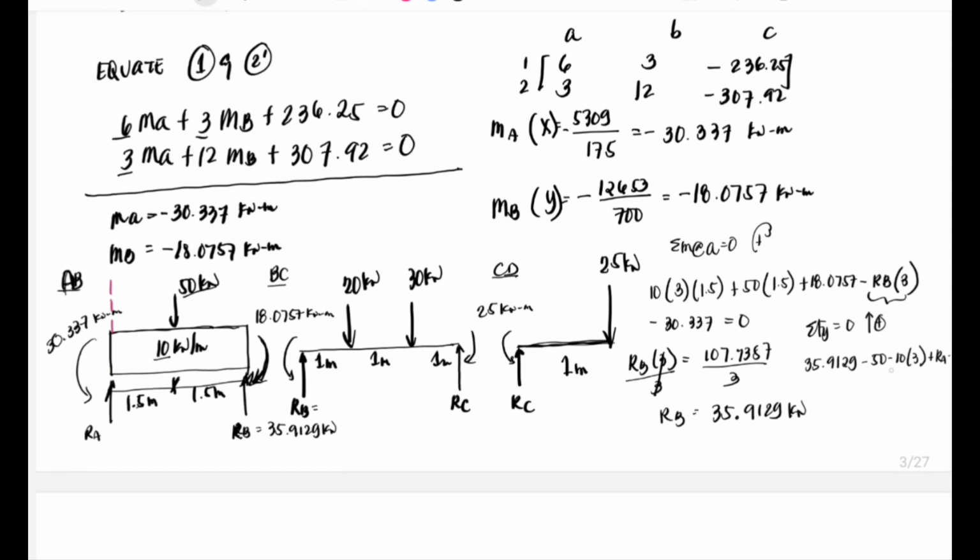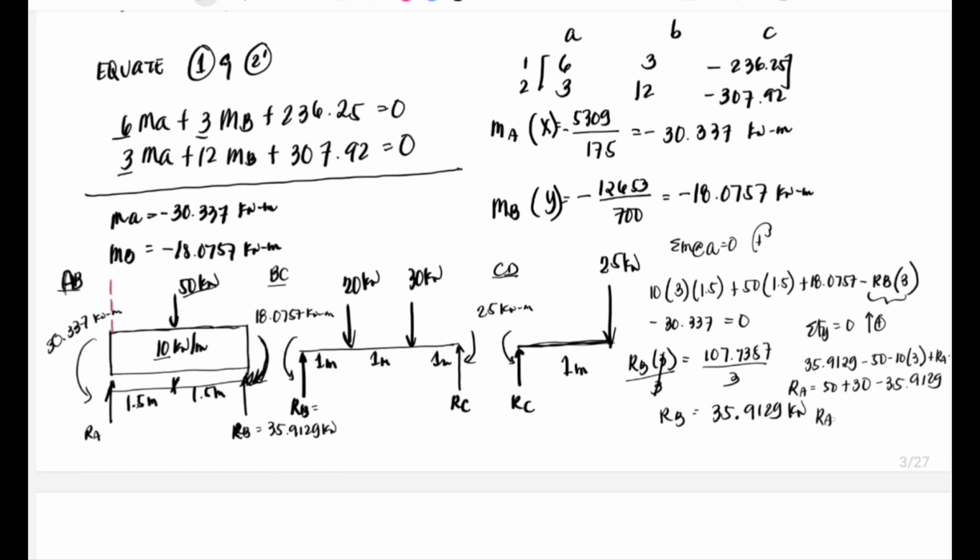Okay, so, etong RA natin, iwan na natin dyan sa kabilang side. Dyan sa side na yan, while the other one, which is yung 50 at saka yung 30, lilipat, and then negative 35.9129.